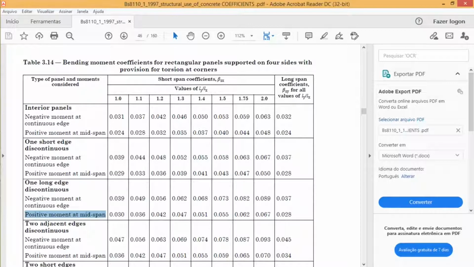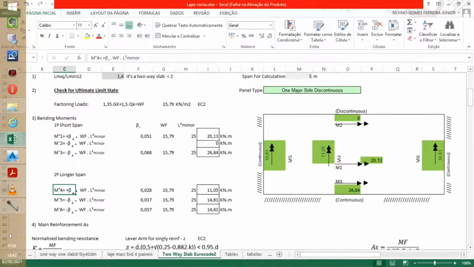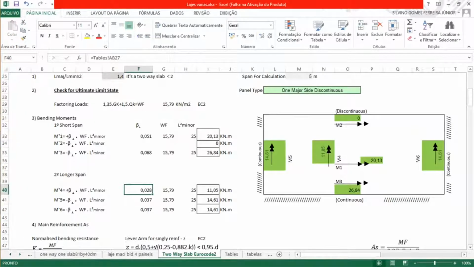These coefficients are for the shorter side; for the longer span it is this one, so it will be 0.028. The factored load we know is 15.79. The minor span continues being the minor span always in this type of formulation. It's 5 elevated to 2, which gives us 11.05, middle span of the longer span.